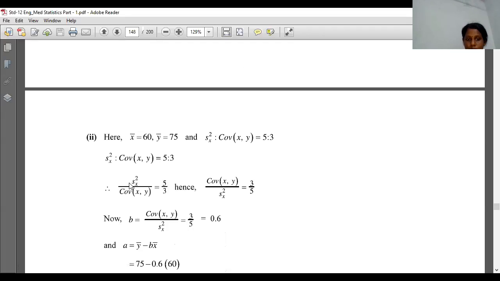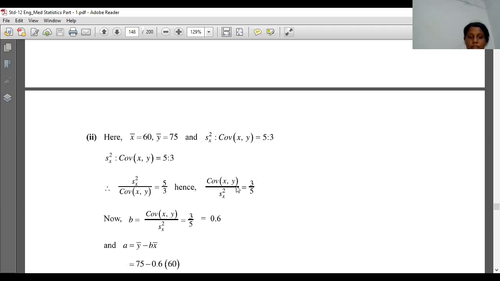Formula is s square x upon covariance xy equal to 5 upon 3. Hence, covariance xy upon s square x equal to 3 by 5.